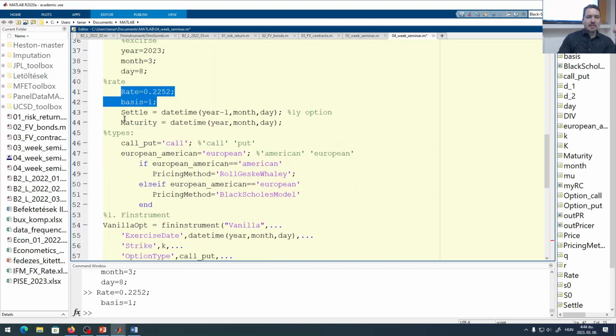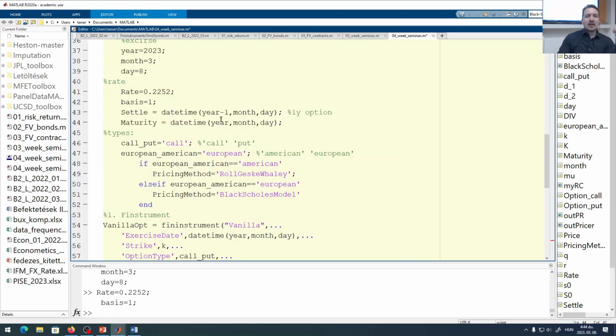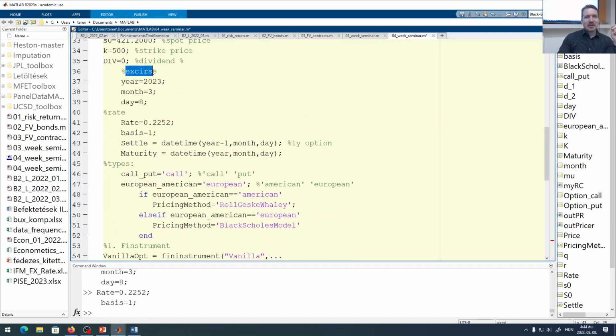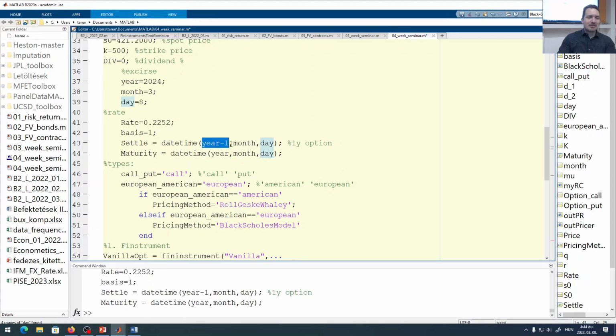And also we can calibrate the maturity. So we don't have just a 1 year option or 2 year option, but practically we can calibrate at the level of days. Right now we are not sophisticated, so the maturity is just 1 year backwards. And that's why, so the exercise is supposed to be in the future, so it's 2014. Doesn't matter, because automatically it will give us a 1 year option.